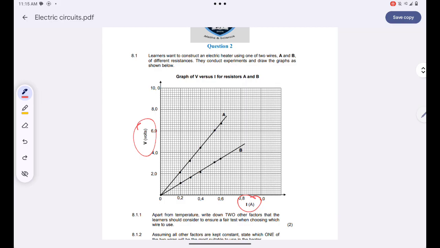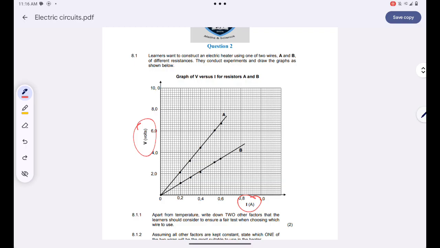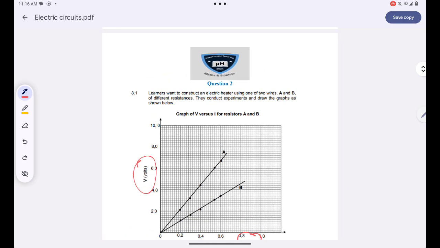So the wire that will be capable of transferring more energy will be suitable for the experiment. The first thing we need to do to determine which wire is able to transfer more energy is to find the resistance.